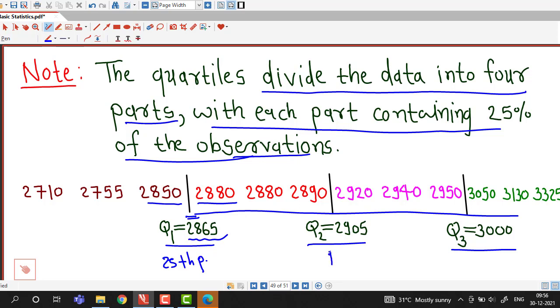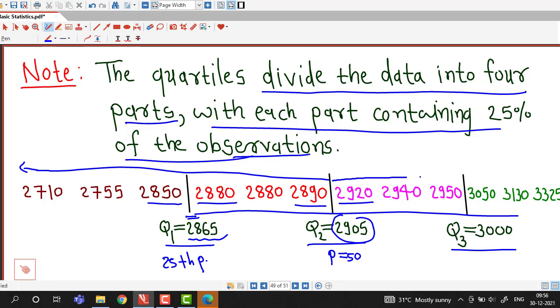Similarly, Q2 is the 50th percentile. So it is after 2890 and before 2920. Its value is 2905, which is less than 2920 and greater than 2890. So we can see that 50% of observations are less than Q2 and 50% of observations are greater than Q2.